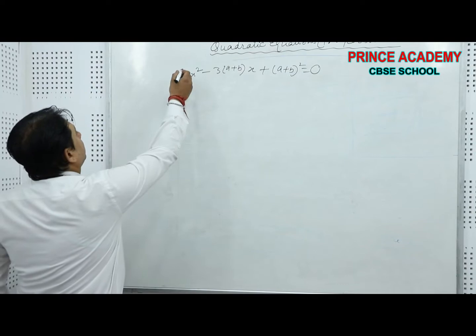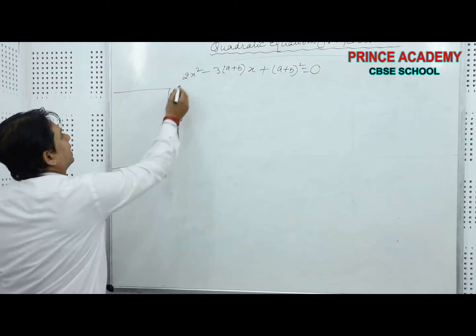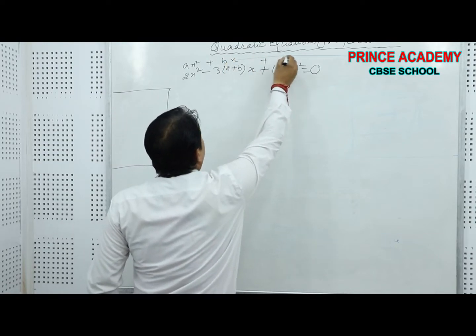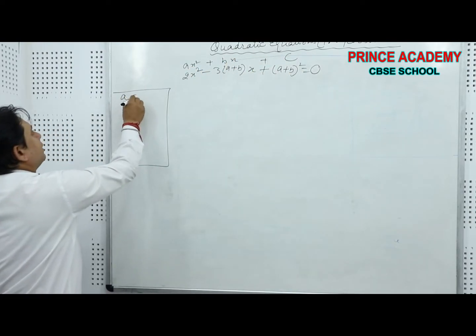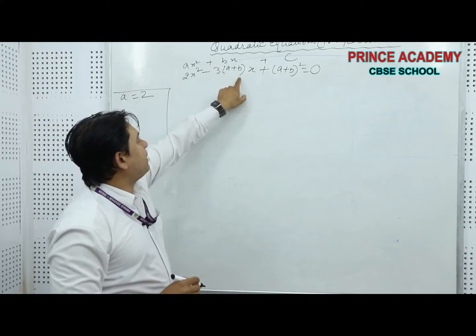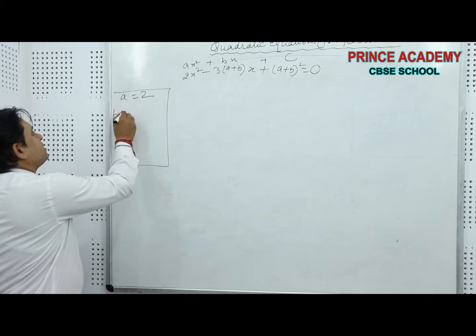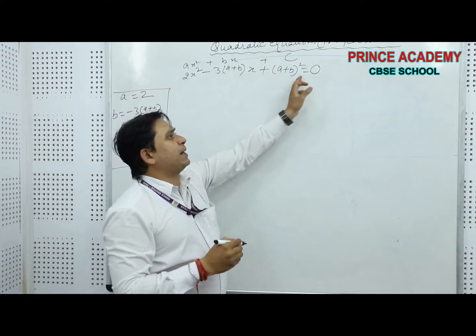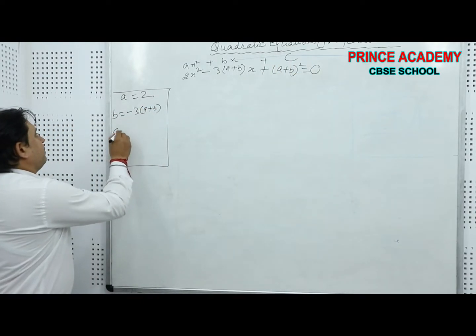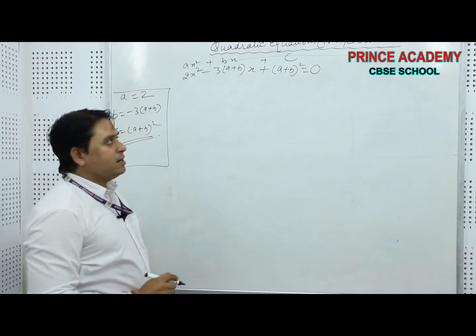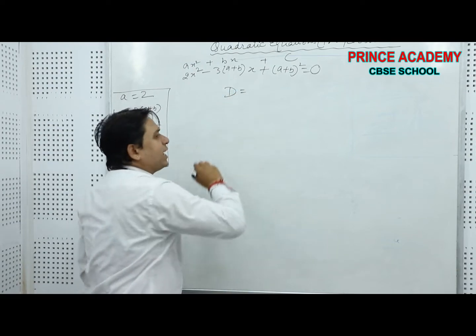See, if we compare with the standard ax square plus bx plus c, a will be 2, yes or no? The value of b is minus 3(a plus b). And c will be (a plus b) whole square. Yes or no? Done. Now, what is the rule for D?